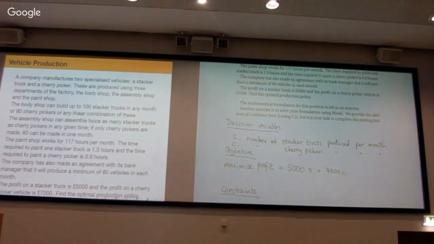So the objective consists of two things: the objective function, which is this function, and the word maximize or the word minimize. That's what the objective is. You want to find the optimum, but the optimum can be either the maximum or the minimum, depending on what problem you have. And that's the objective.